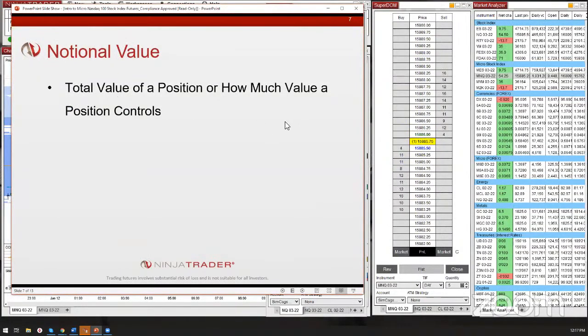And notional value is a big notional value contract. Truly, you multiply $2 times the point value. So it's $2 times the price. And notional value is how much value you control in a particular contract.